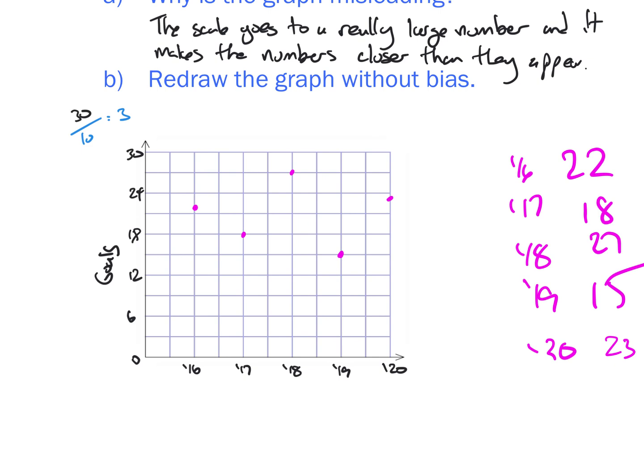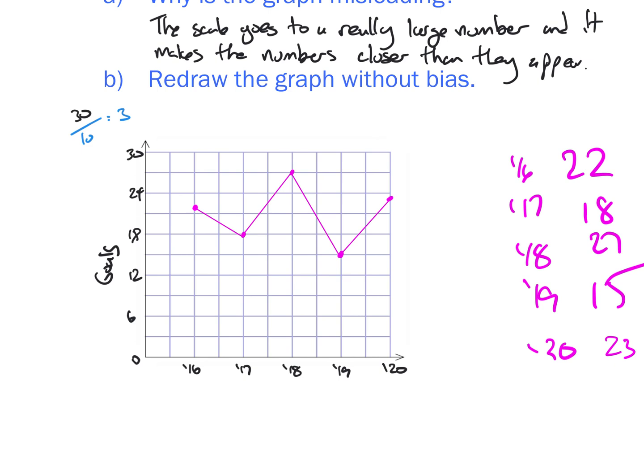And then it's just a matter of taking a ruler and connecting these dots with a straight line to get that nice looking line graph.